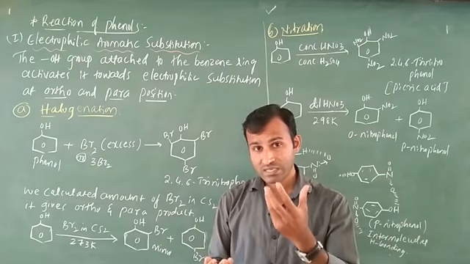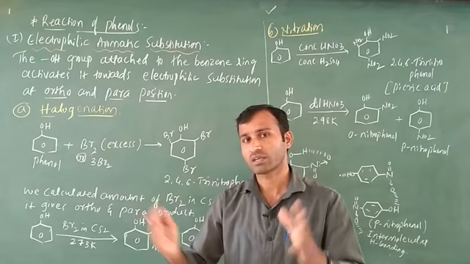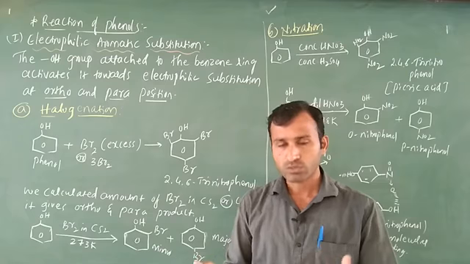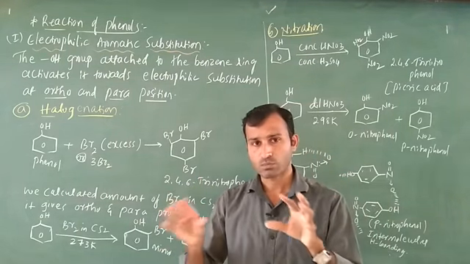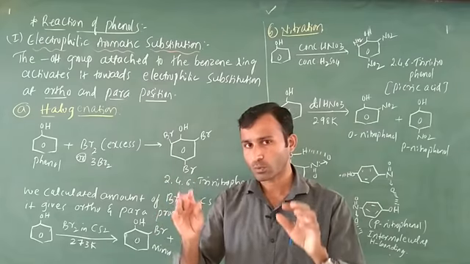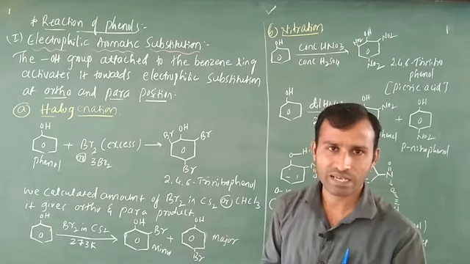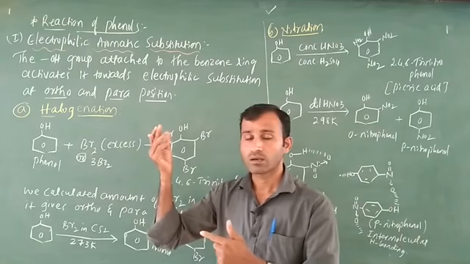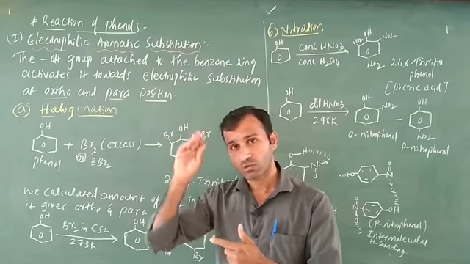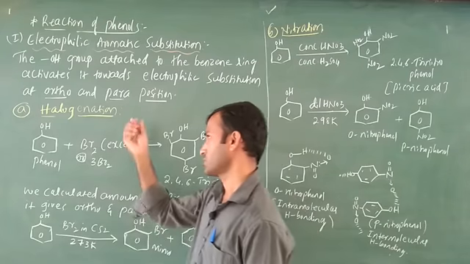In organic chemistry, reaction takes place only when one is electron rich and another is electron poor. If both are electron rich, or both are electron poor, no reaction is possible. The electrophile is electron deficient and phenol is electron rich, so only then does the reaction take place. This is an important point.